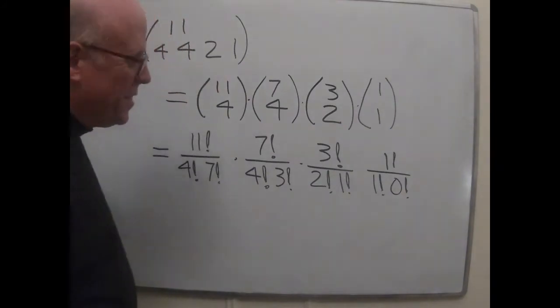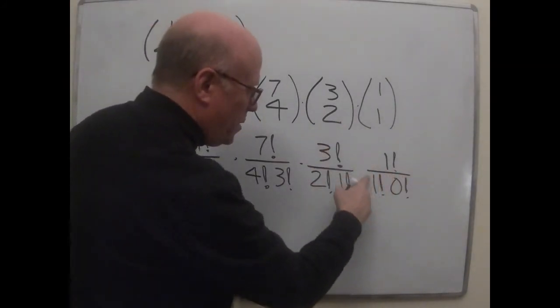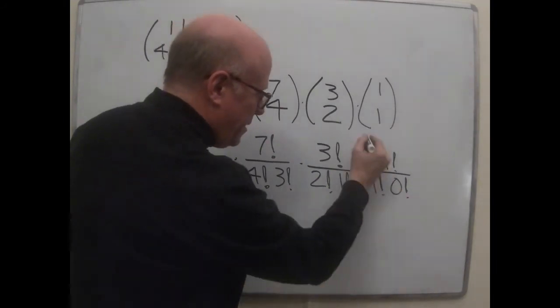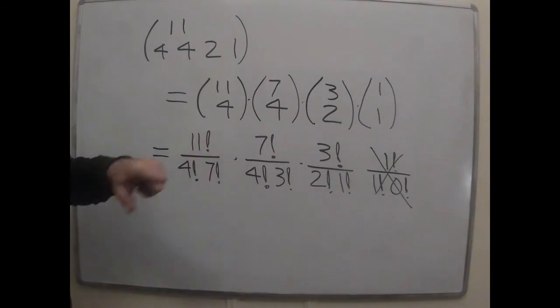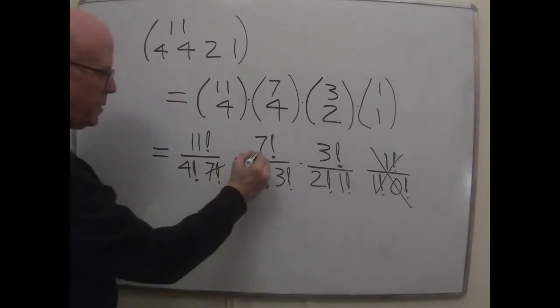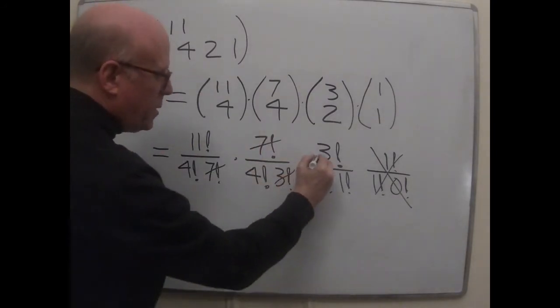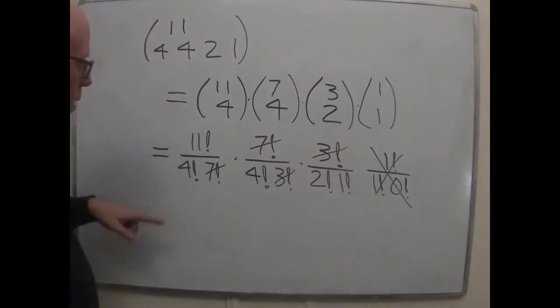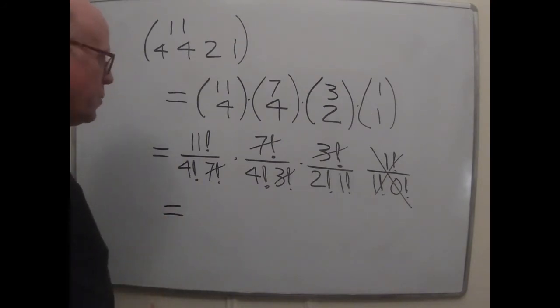This whole thing has a 1 over a 1 times a 1. Yeah, that one we didn't need to worry about. That's just a 1. But the rest of them we do need to worry about, and look for the cool cancellations that happen in this. That 7 factorial and that 7 factorial knock each other out. There's the 3 factorial and the 3 factorial. What's left is what I showed you before when we figured out the multinomial coefficients directly.